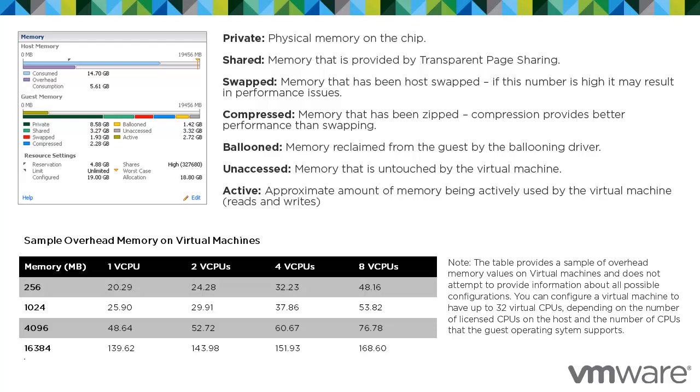Compression provides better performance than swapping. Ballooned, memory reclaimed from the guest by the ballooning driver. Unaccessed, memory that is untouched by the virtual machine. And active, approximate amount of memory being actively used by the virtual machine, the reads and writes.